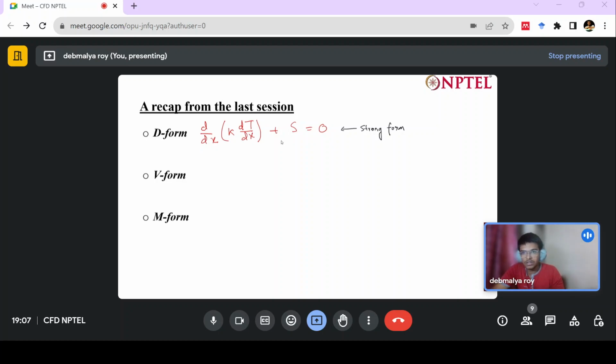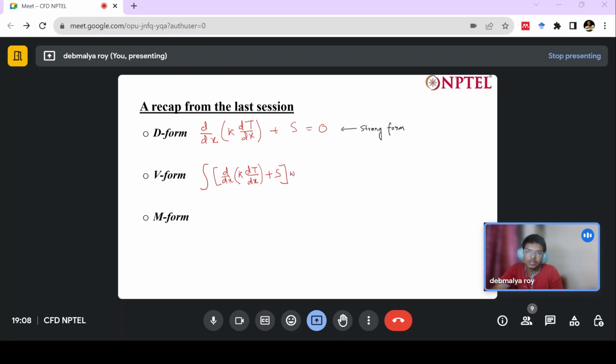Whereas when we talk about the weak form, which is also known as the variational form, there we do this kind of formalism. We take this whole left hand side of this equation and we take a variational parameter.